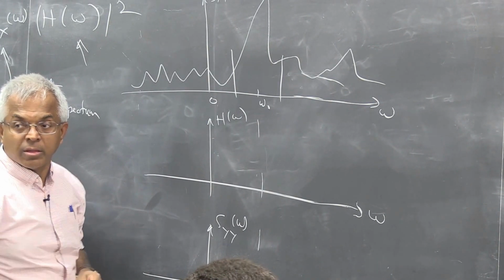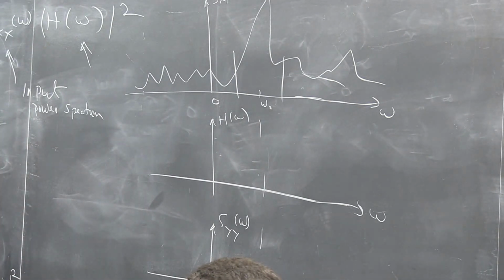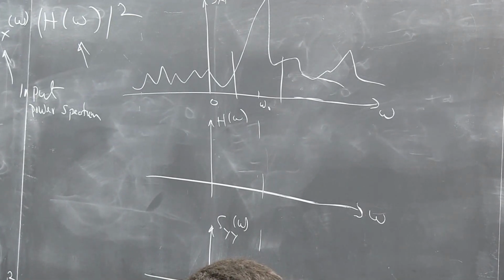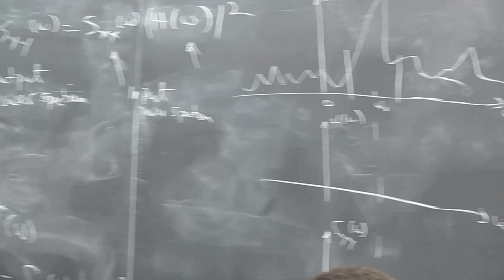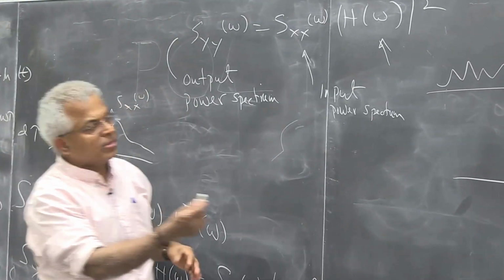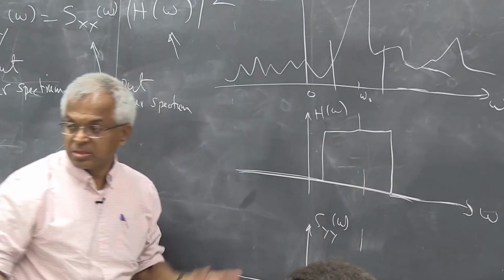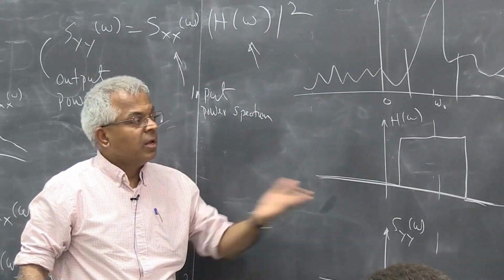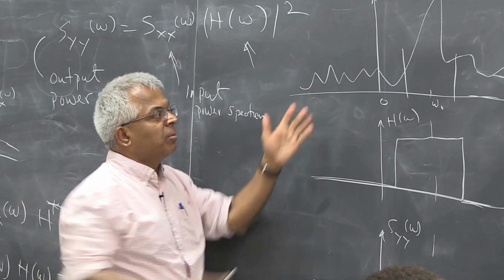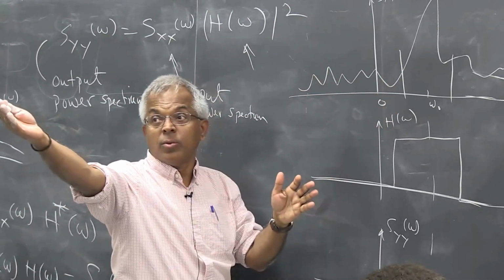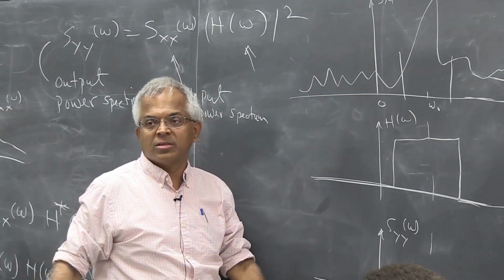If you pass the process through a filter, you can shape the frequency characteristics of this, because this is the relation: the output shape is input shape multiplied by the filter. So if you only want to retain there, I should use a filter like this. It's a band pass filter. And of course, if you wanted to retain here, you will use a low pass filter, etc.